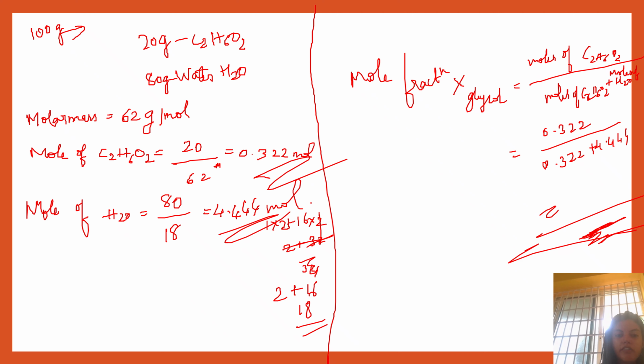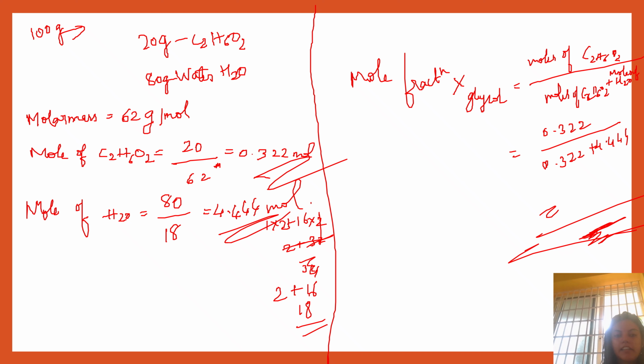Then moles of H2O is the mass of water divided by 18 gram per mole, water's molar mass. We get 4.444 mole when we divide by calculator.